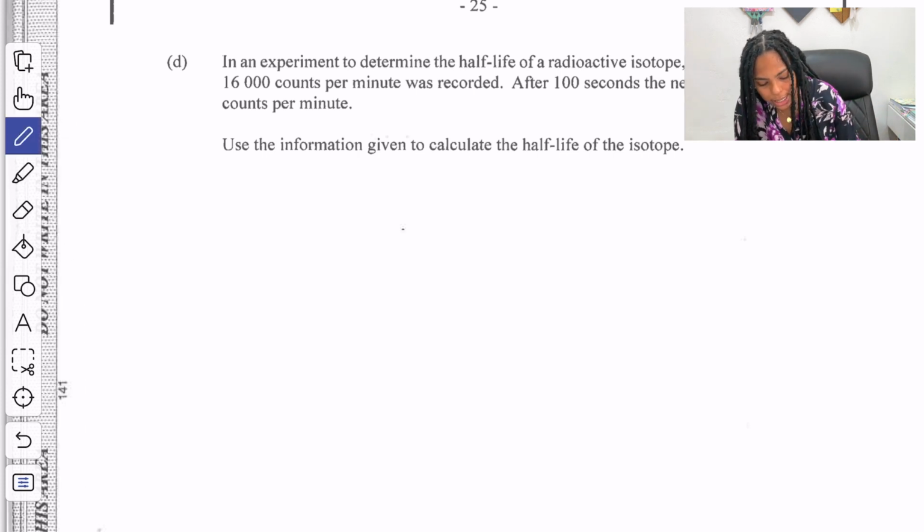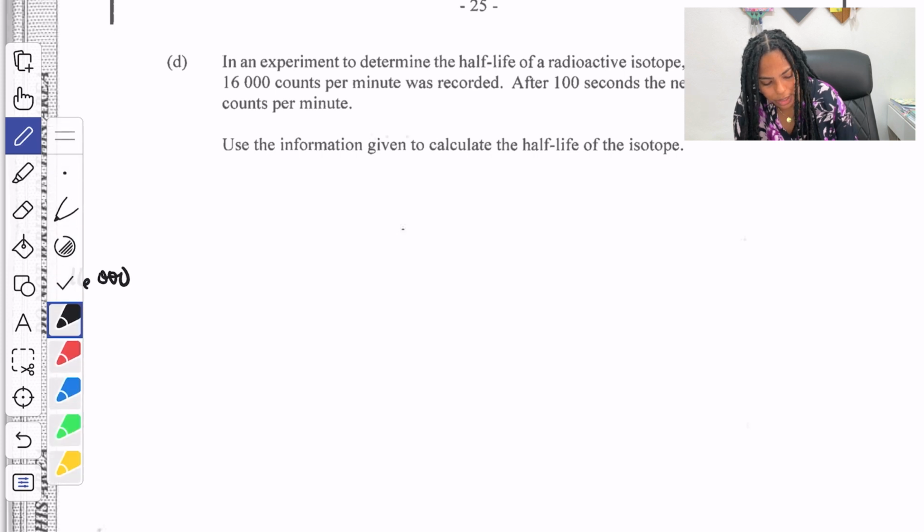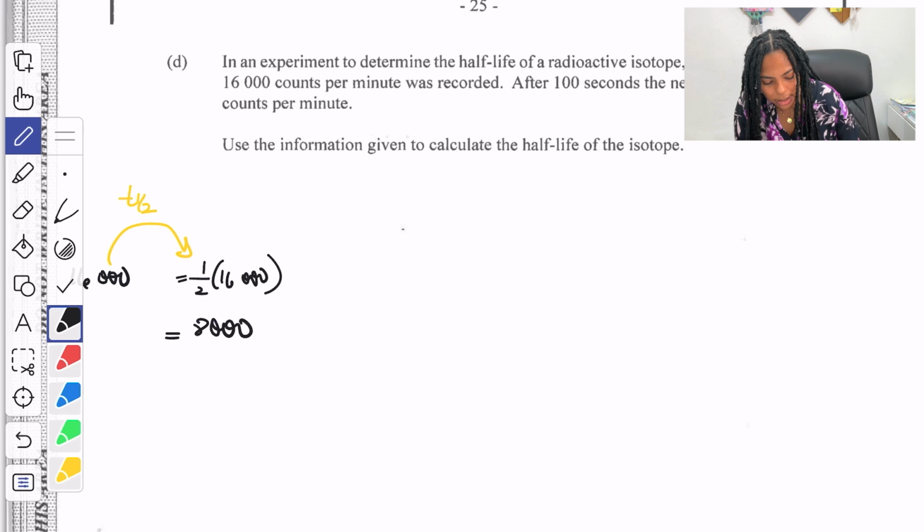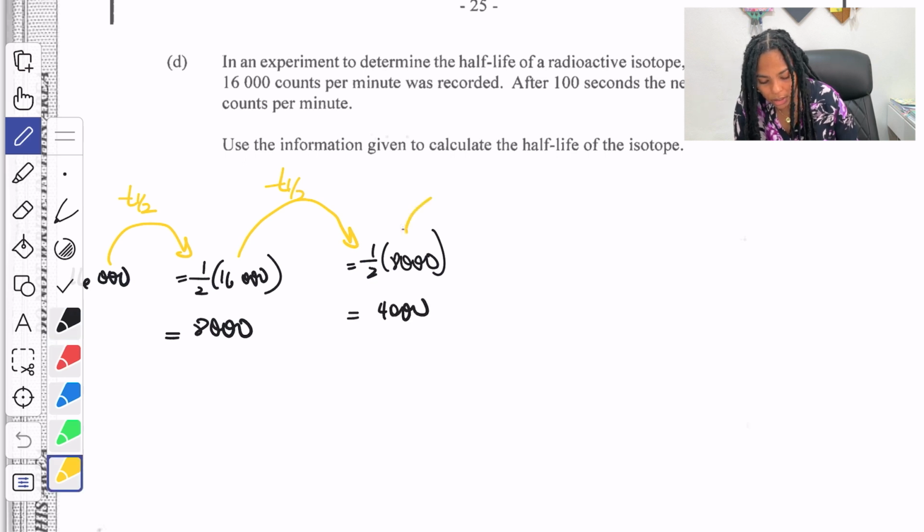So I start off with 16,000 counts. Now after a half-life period, it will drop to half of that. So half of 16,000 is 8,000. After another half-life period, it will drop to half of 8,000, which is 4,000. After another half-life period, it will drop to half of 4,000, which is 2,000.